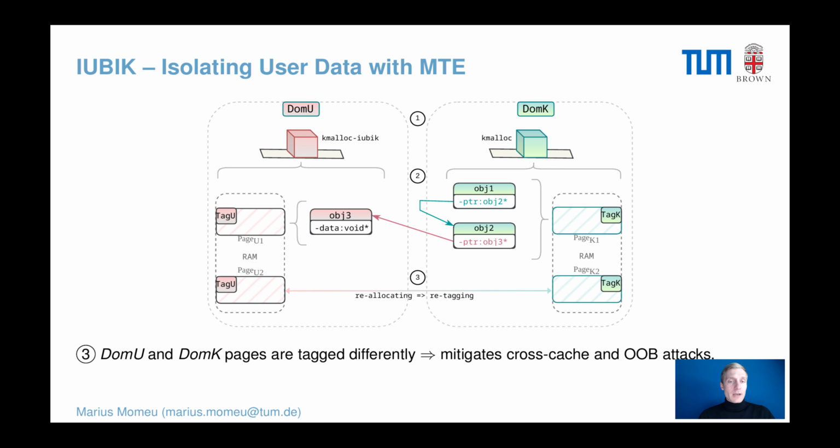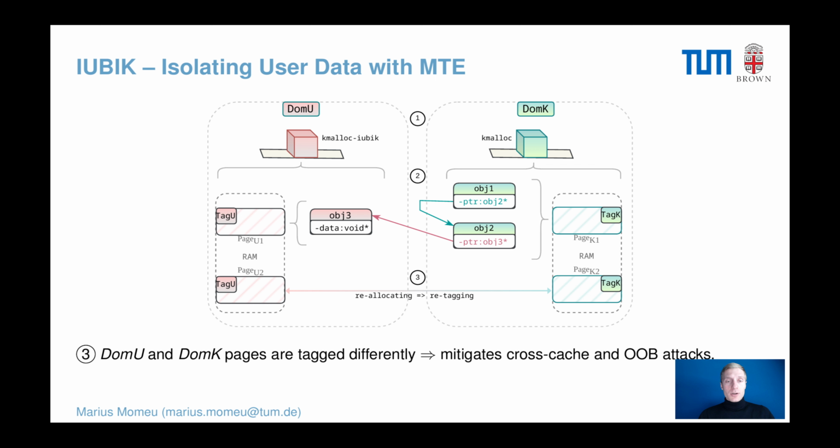Furthermore, because our isolation policy demands that physical pages hosted in DOM-U are tagged with tag U, while physical pages hosted in DOM-K are tagged with tag K, whenever we reallocate a physical page from one domain into the other, we also retag it.